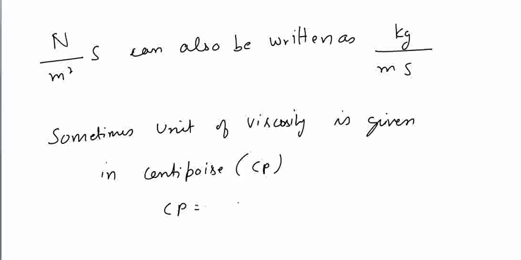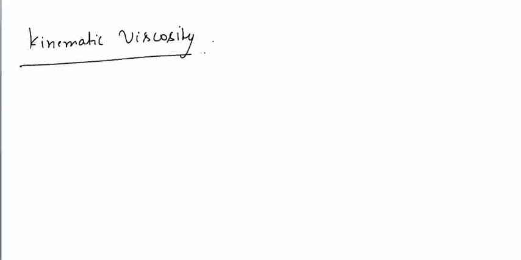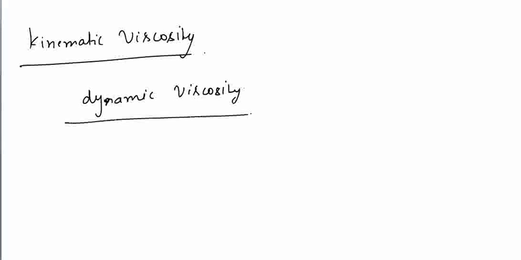So Cp is equal to 10 to the minus 2 poise. Another unit is known as kinematic viscosity. It is defined as the ratio of dynamic viscosity to density of fluid.